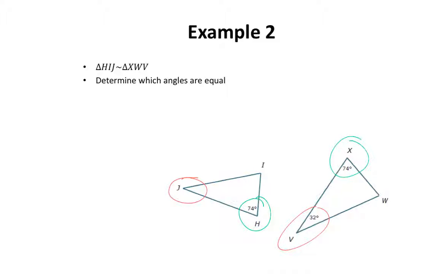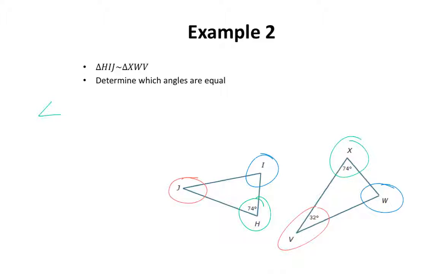Why do I say angle J? Well, angle J seems to be the narrowest vertex of all the vertices. Next, I'm going to look at angle W, and angle W looks like it's on the shortest side, and angle I is also on the shortest side, so they probably correspond. So let's go ahead and write this down.